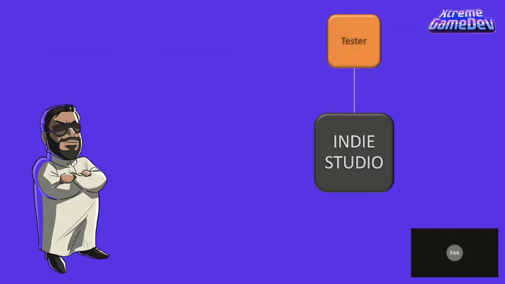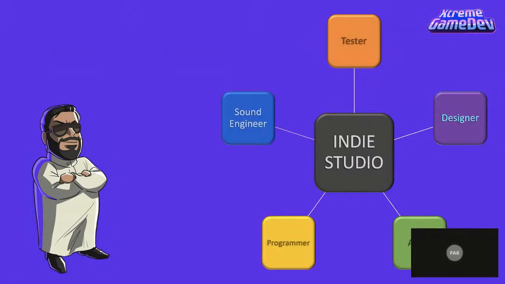So in an indie studio, for example, I said a game designer can do it all by himself. He doesn't have to, but he can. In an indie studio, obviously, there are testers, designers, artists, a programmer, and a sound engineer, for example.